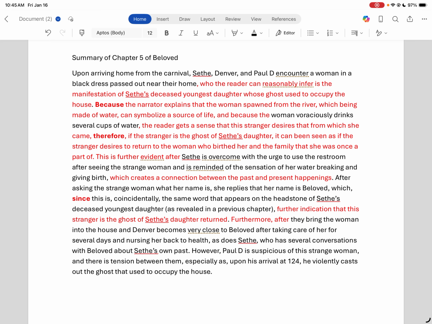After they bring the woman into the house, Denver becomes very close to Beloved after carrying her for several days and nursing her back to health. As does Sethe, who has numerous conversations about Sethe's past.